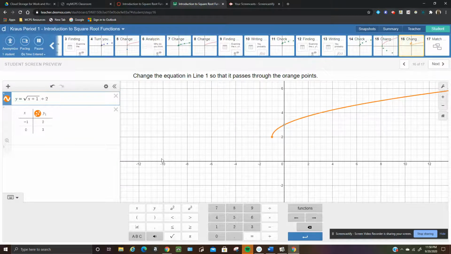So we moved the endpoint from 0, 0 to -1, 2. I thought this was going like this here, so it was some kind of reflection, but it's not. It's just moving it left 1 and up 2. So add 1 under the radical, add 2 outside the radical.